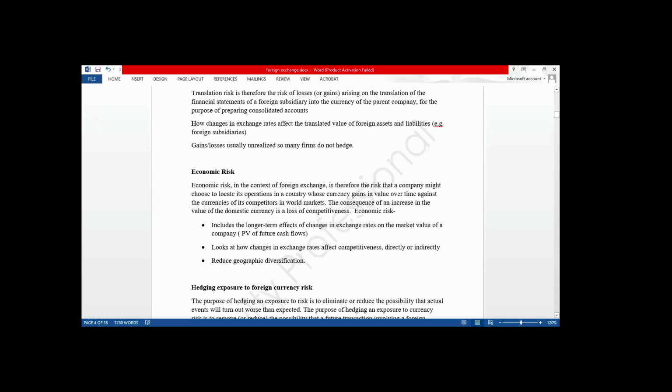Economic risk. You can decide to locate your company in a country where the currency value is appreciating more. Like if you look at the case of some companies leaving Nigeria, we have Dunlop PSC.